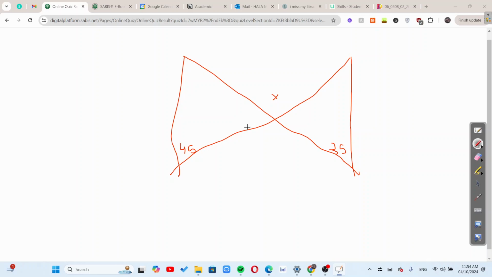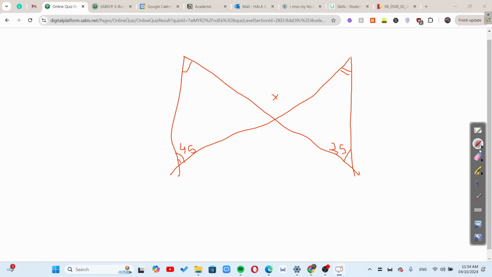Now, many students got this wrong. They're like, how are we supposed to get x? So I don't know if you noticed, but if these are parallel lines, these angles are alternate interior angles. This angle and this angle form a pair. And we know that alternate interior angles are congruent.